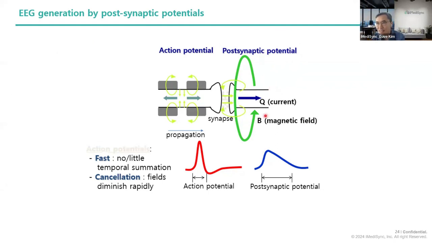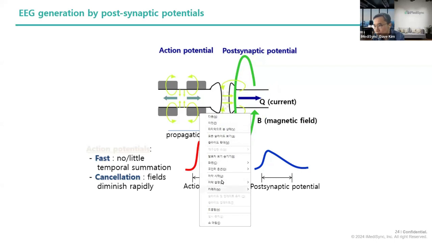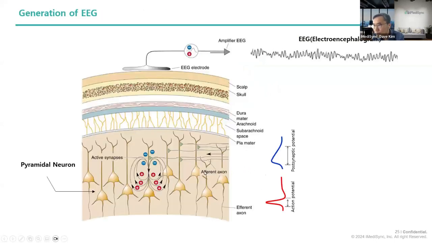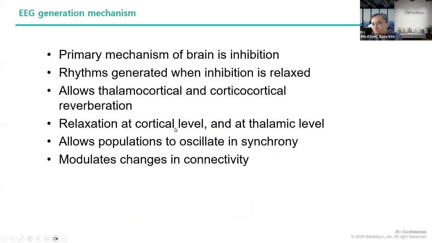That's the basic EEG generation mechanism. As you can see here, usually the pyramidal neurons are arranged in this kind of highly ordered fashion. This highly ordered, structured pyramidal neuron, with synchronous activity from thalamic pacemaking, makes a very big alpha rhythm at the skull. That's the basic generation of the EEG rhythm.